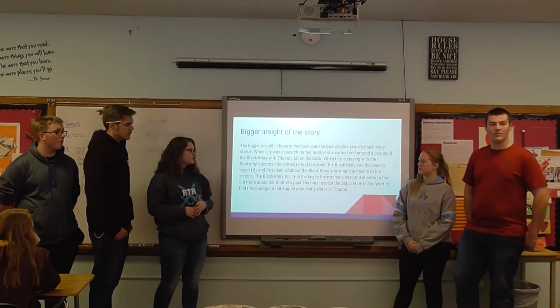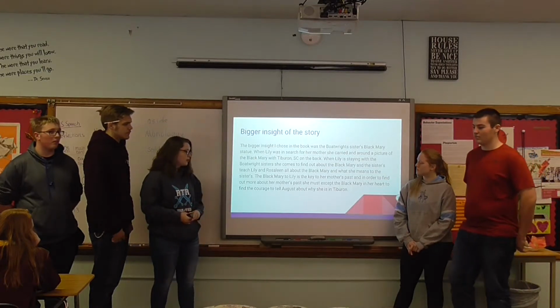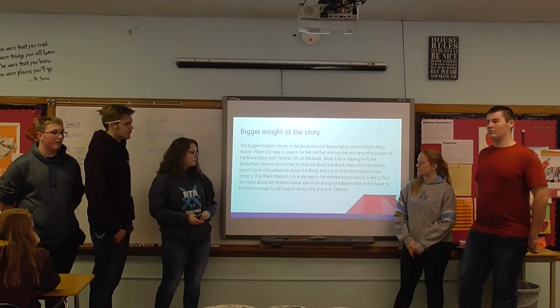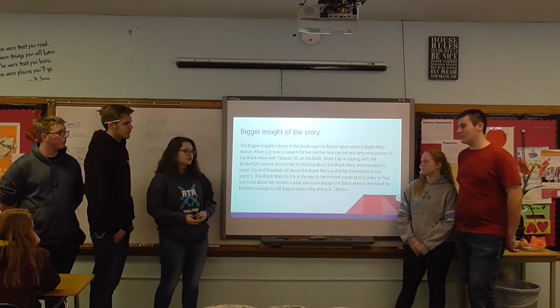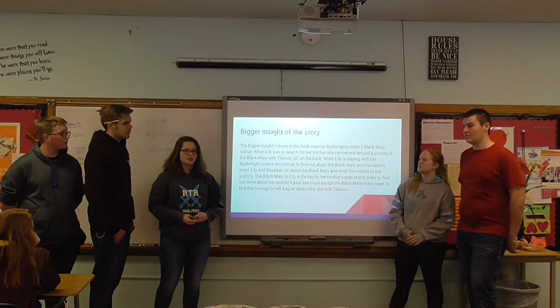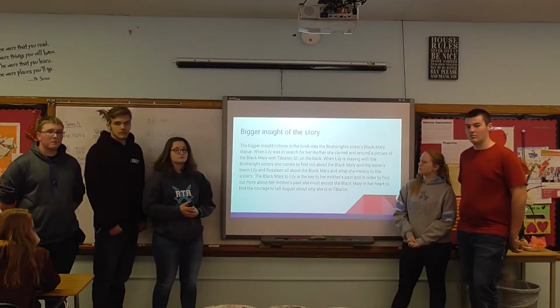The Black Mary to Lily is the key to her mother's past. And in order to find out more about her mother's past, she must accept the Black Mary in her heart to find the courage to tell August why she is in Tiburon and why she came to find these people. So what actually is the Black Mary?